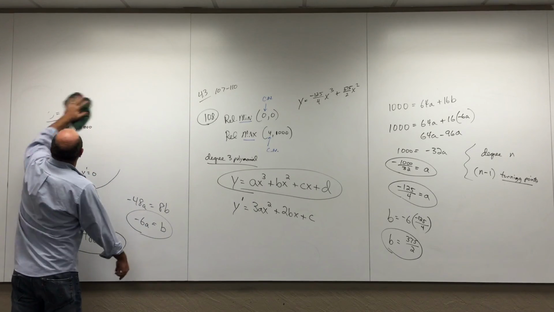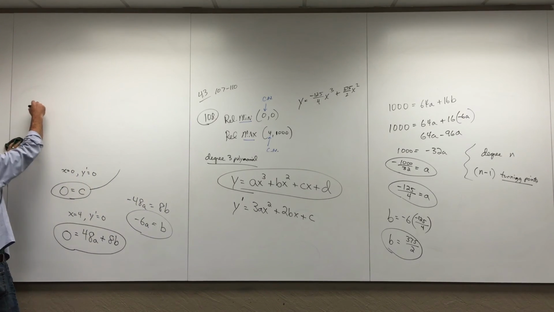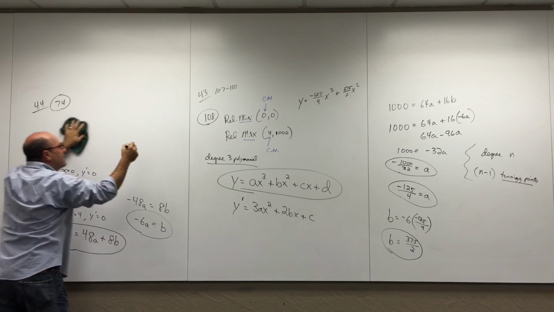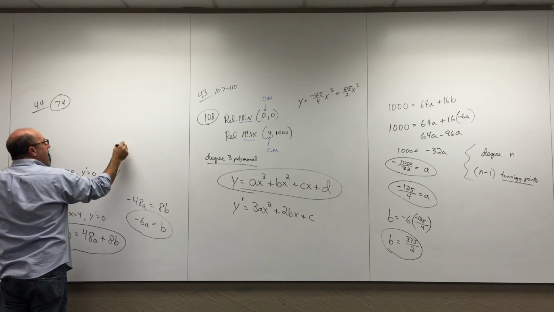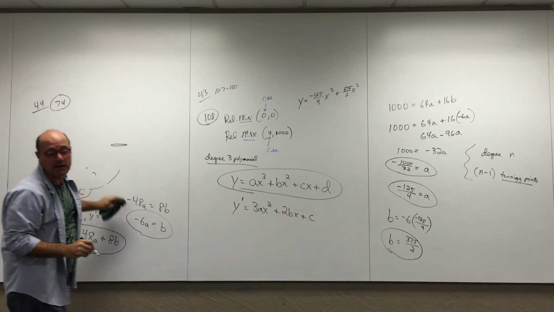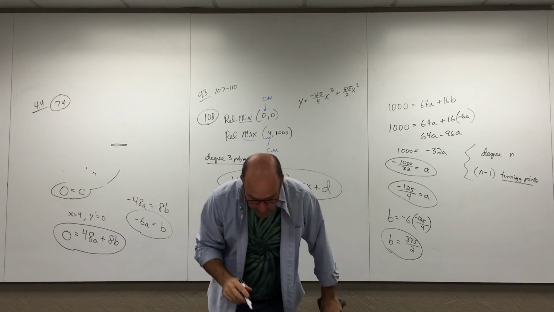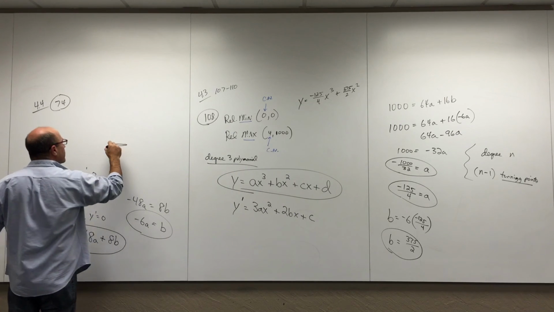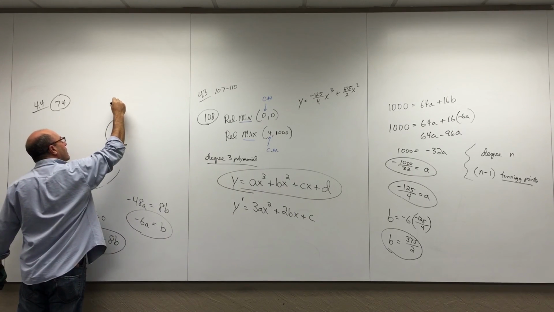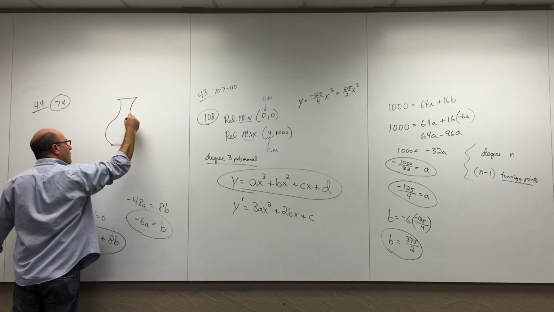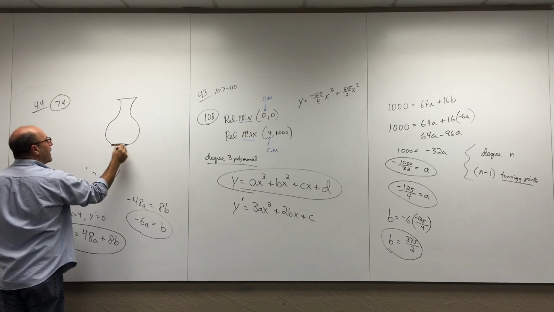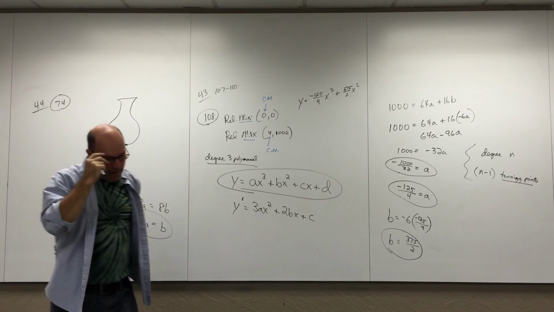In 4.4, there's this 74, and they give me this picture of a vase. And it looks like this.